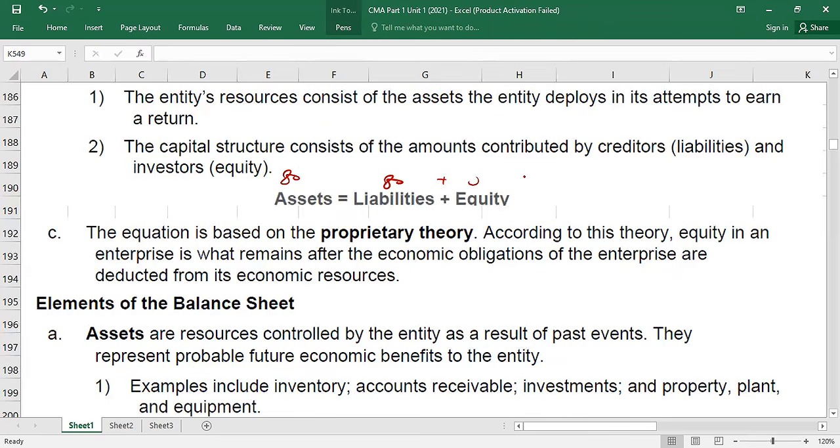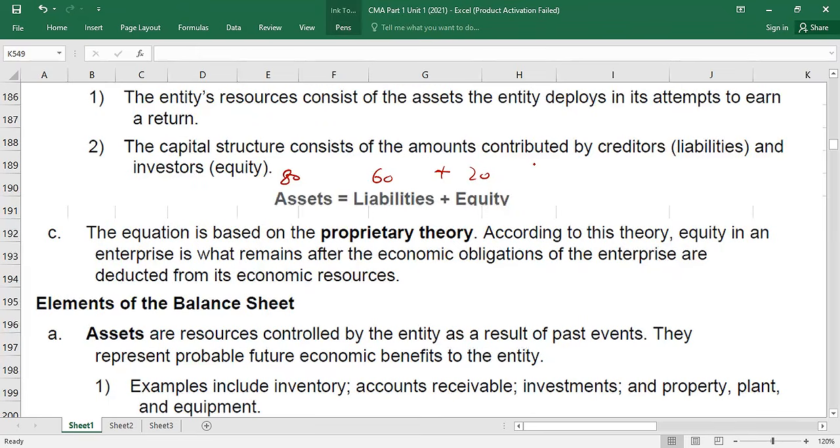If you bought this car with 0 loan, liability will be 0, and you invested from your pocket, so equity will be 80. Or maybe you took a $60 loan and put $20 from your pocket. So all assets are always generated this way. Your assets are created either through an increase of liabilities or by your own investment. Own investment is called equity.